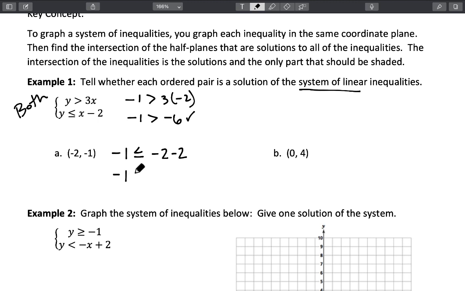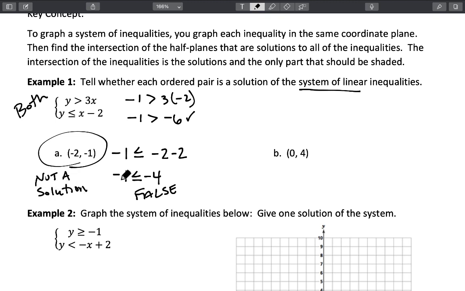That gives us -1 is less than or equal to -4. Well, this is a false statement. -1 is not less than or equal to -4. It's actually greater than. And because it's a false statement, we have to say that (-2, -1) is not a solution to that system.